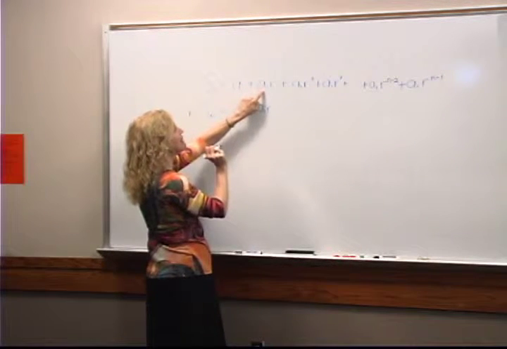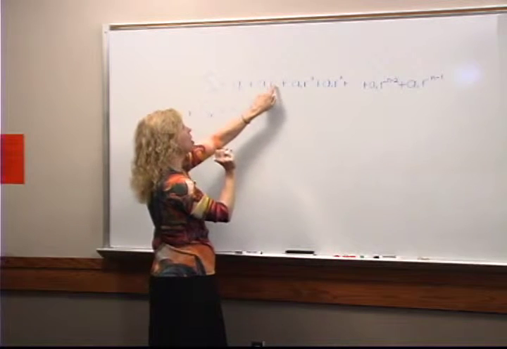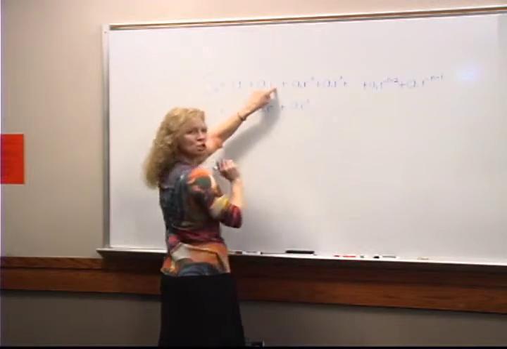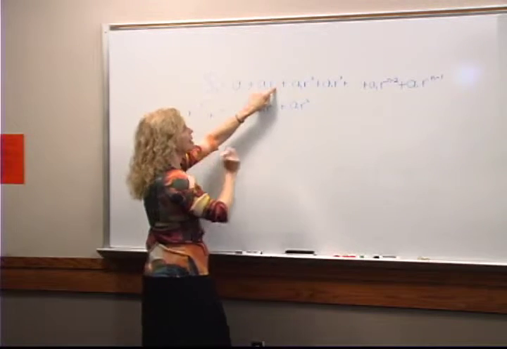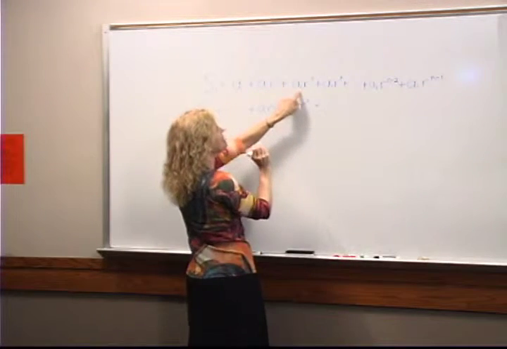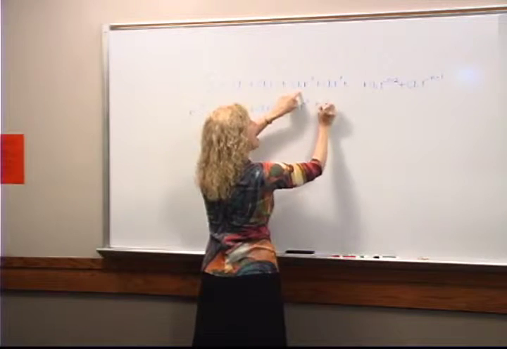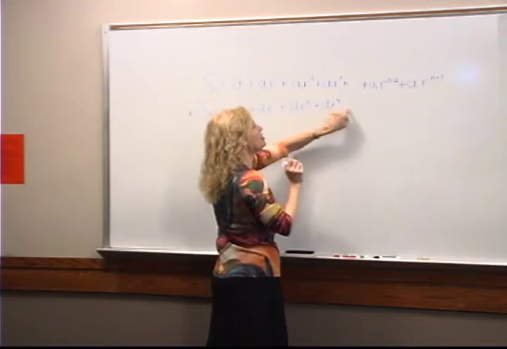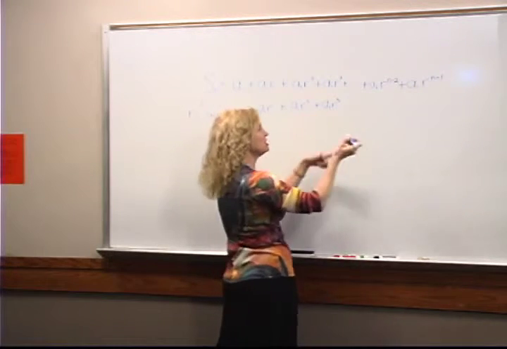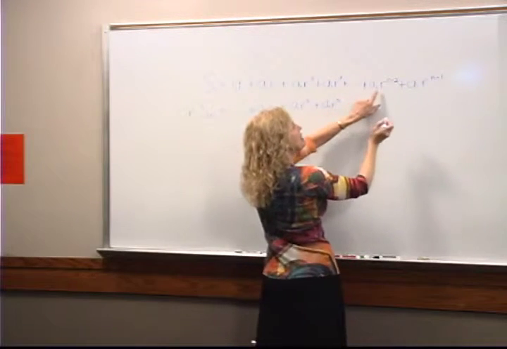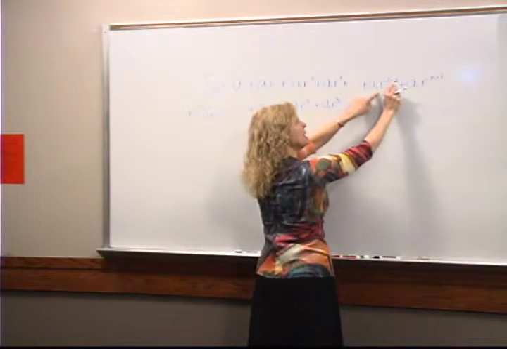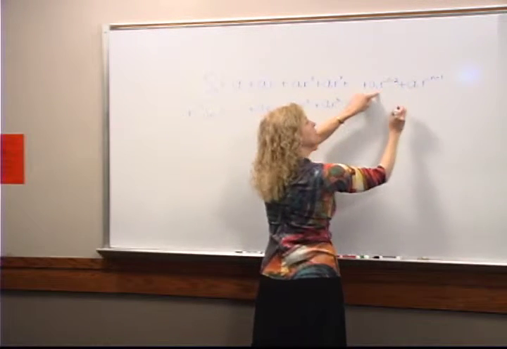When I multiply this term times r, won't that give me an r squared? And when I multiply this term times r, I will get an r cubed. And I'll get an r to the 4th and an r to the 5th and so on. Now when I multiply this term times another r, do you realize it increases this exponent?